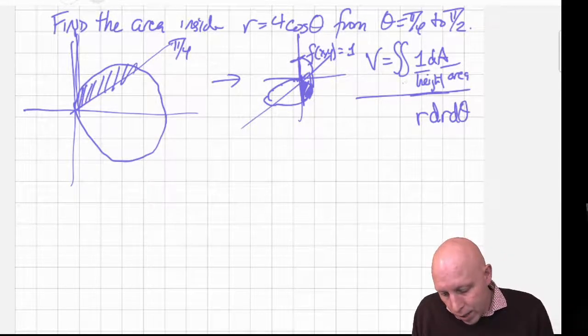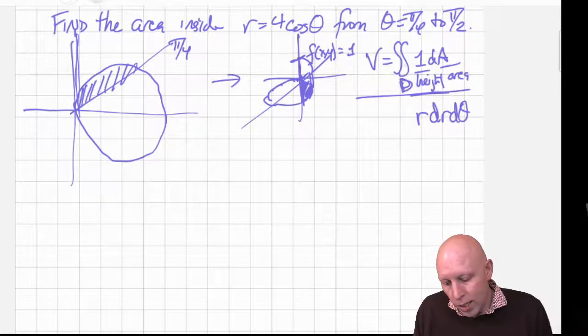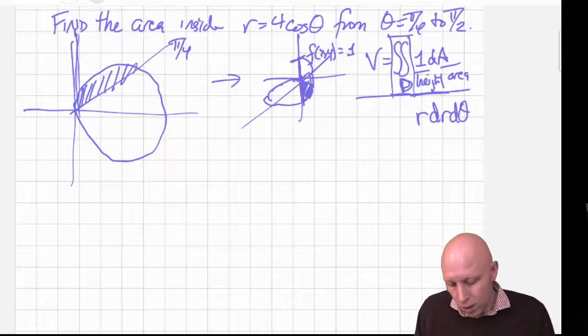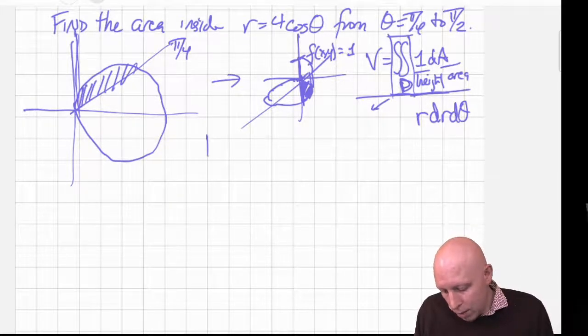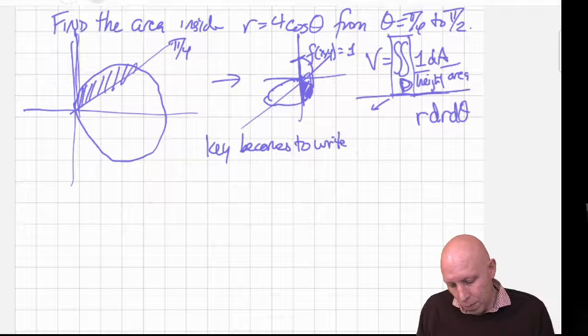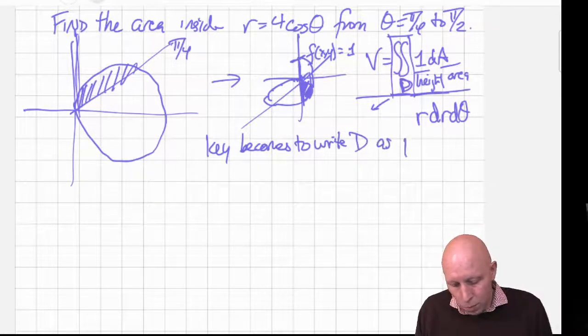And the key aspect of this is writing down our domain in terms of polar equations. So now the key becomes to write D as polar equations.